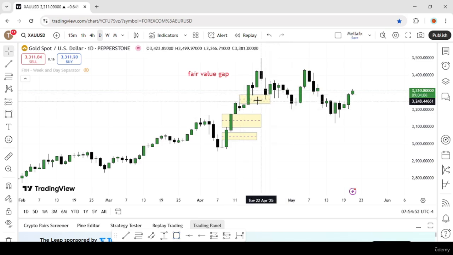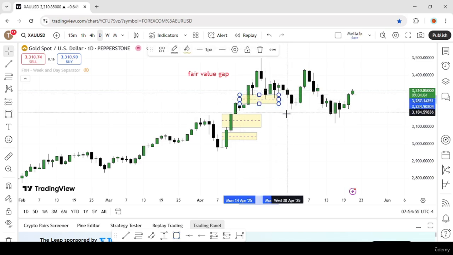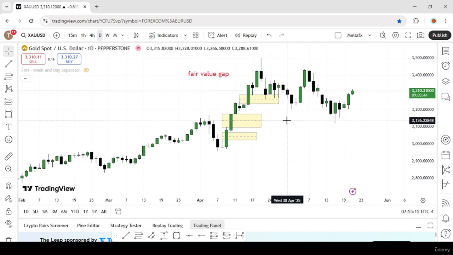So a fair value gap is a level of imbalance or inefficiency where the market did not trade efficiently. By efficiently, I mean the market did not come back to rebalance and it was left open. Some imbalances may be rebalanced, but not all imbalances are rebalanced.